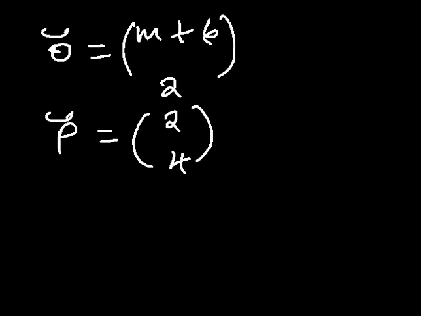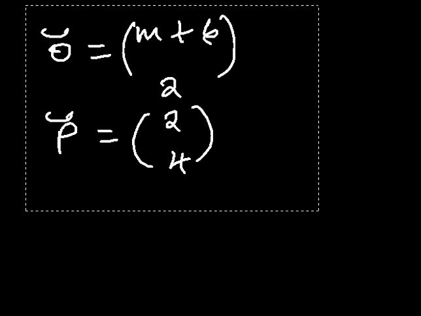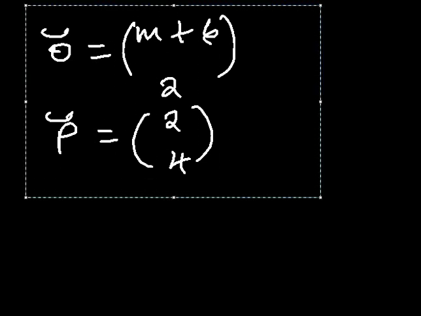Now given that these two vectors are parallel vectors, determine the value of m. So that's how parallel vectors can be evaluated.